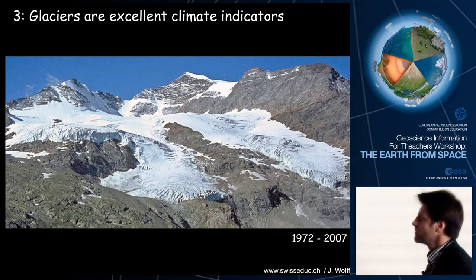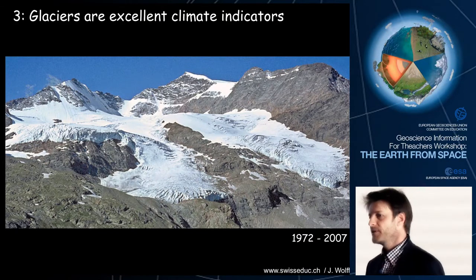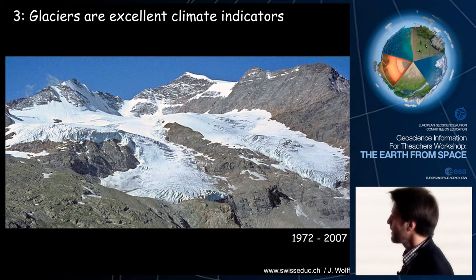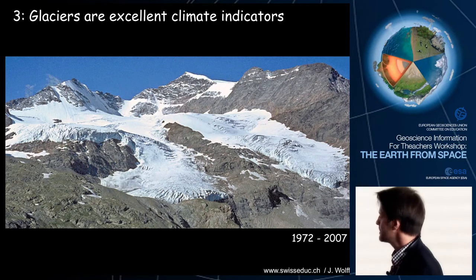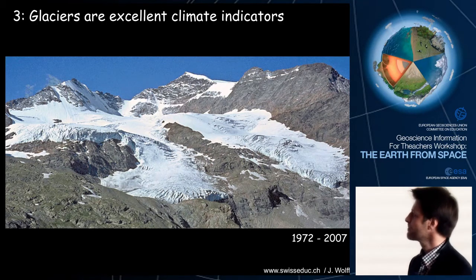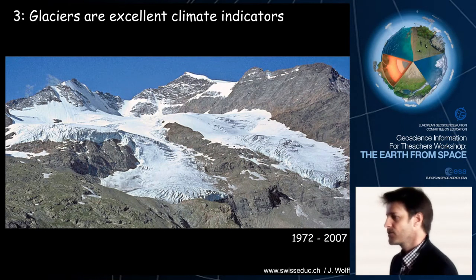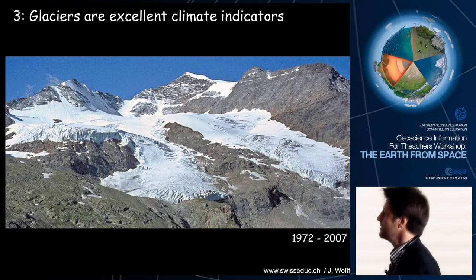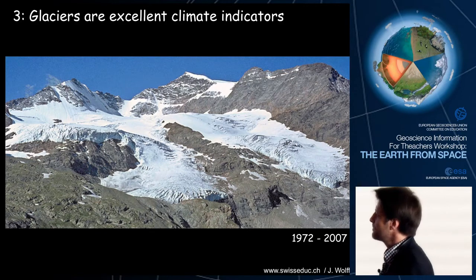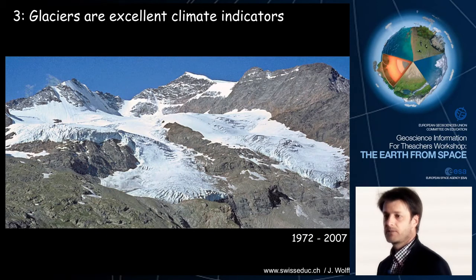A third good reason to monitor glaciers is that they are excellent climate indicators. Here you see an overlay of 2 images from 1972 to 2007. Because glacier ice is so close to zero, it reacts to climate change. And the IPCC recognizes glaciers as one of the best terrestrial climate indicators because glaciers display the climate change so well.